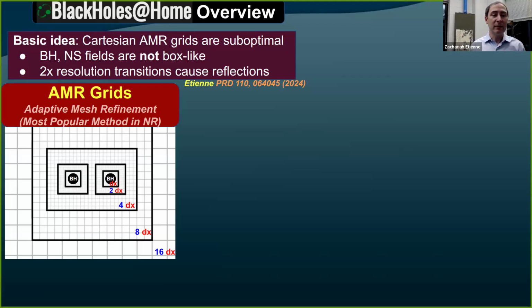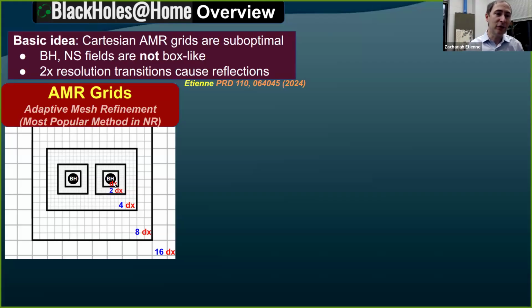So the basic idea behind Black Holes at Home is, while I know and love and continue to use on a daily basis within my group Cartesian adaptive mesh refinement grids, they're not by any stretch optimal for simulating compact binary systems. After all, black hole and neutron star gravitational fields, hydrodynamic fields, don't look very box-like.